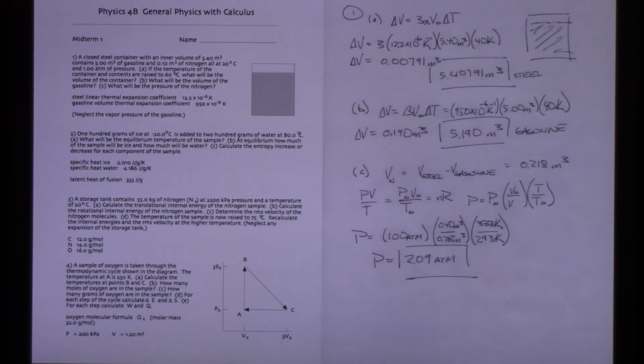Now, I'm keeping way too many significant figures here, and that's because these expansion problems make me nervous. I know I'm going to be subtracting, and sometimes the differences are really small. So I did keep some extra significant figures. I don't think I need them in this example, but we'll see what happens here.